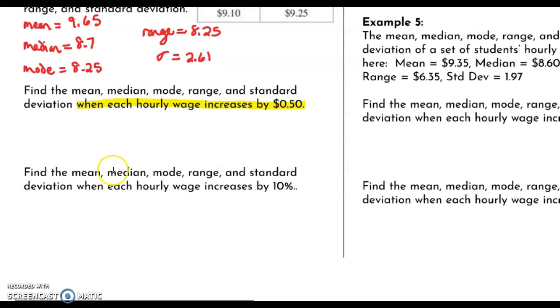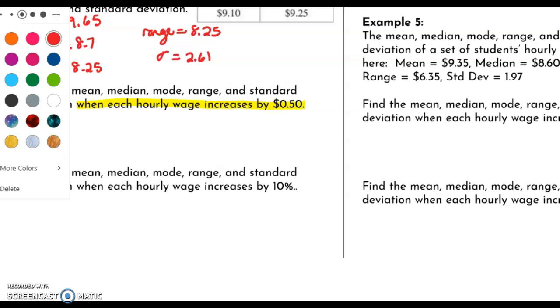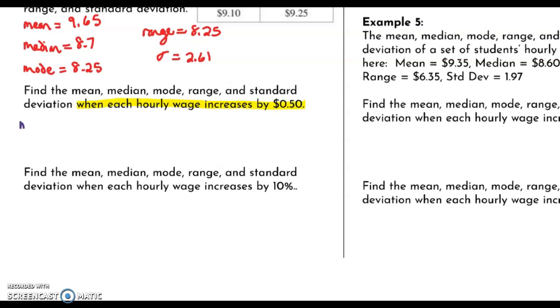So remember, the number we're adding is 50 cents. We're going to take the mean, which was 9.65, and add 50 cents. So the new mean is going to be $10.15. The median is going to be where we take 8.7 and add 50 cents because we're adding 50 cents to everything, and we get 9.2.